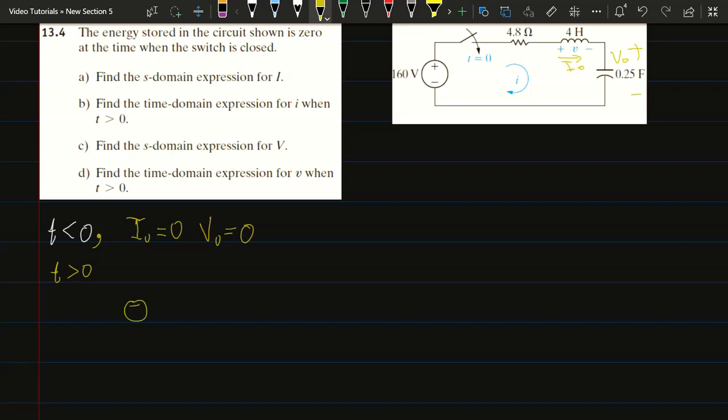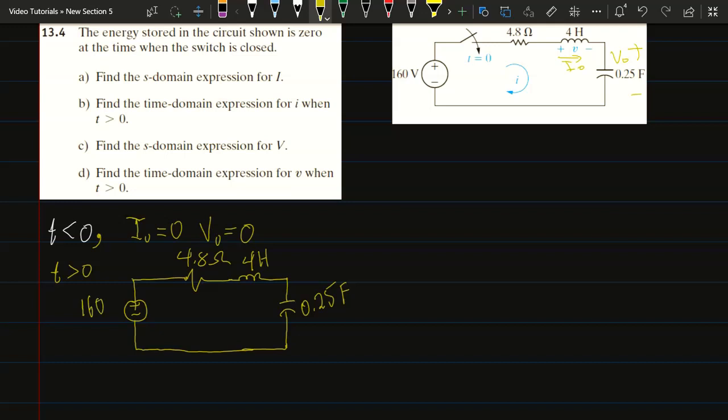I have the voltage source in here, and then I have 4.8 ohm, 4 Henry, and this is 0.25 farad, and this is 160. Now this is the circuit after t equal to 0, but in time domain.